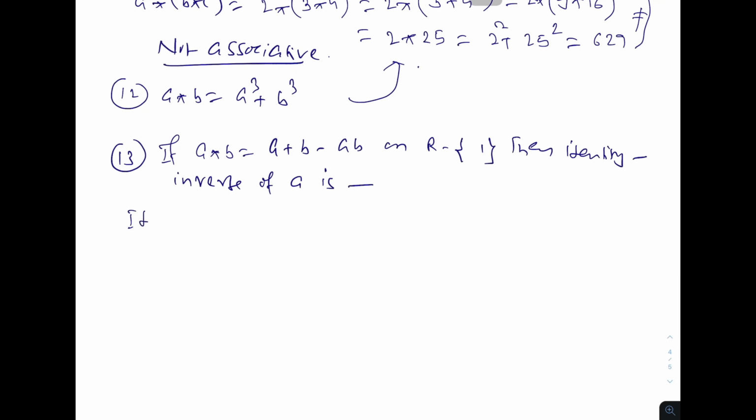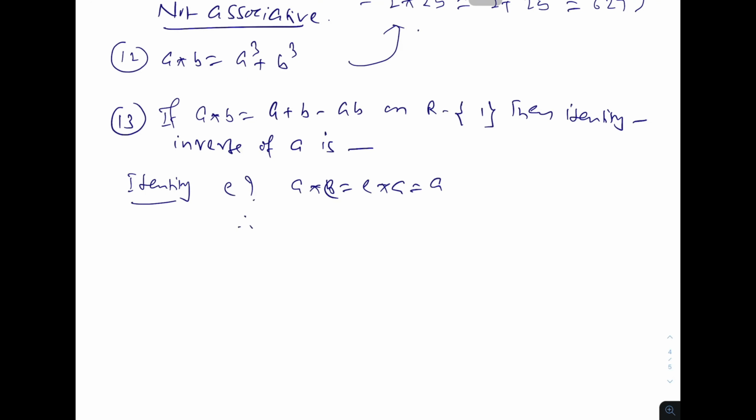So for identity we need to find out E such that a star E equal to E star a equal to a. So a star E equal to a. Now a star b is a plus b minus ab.